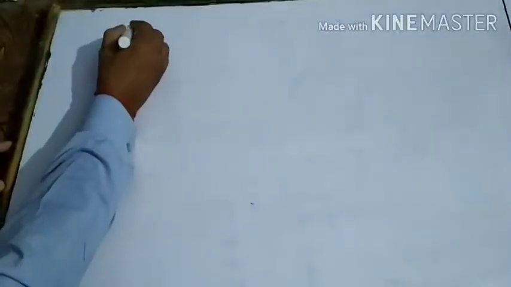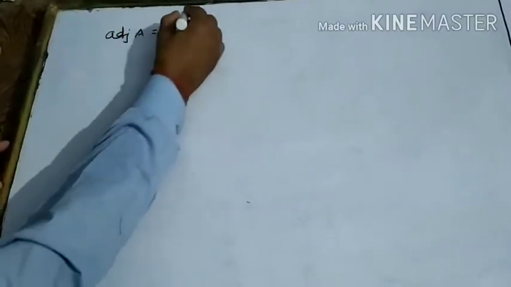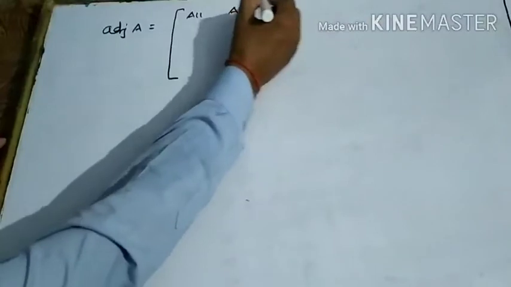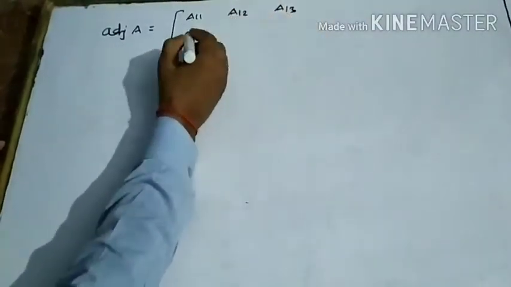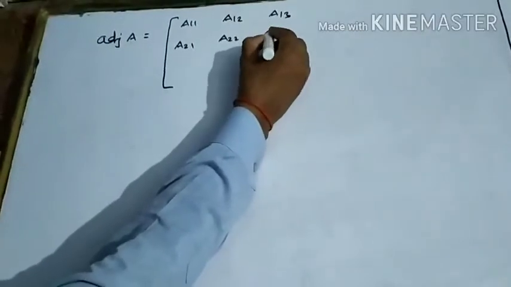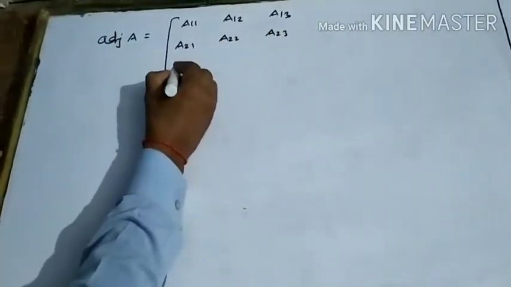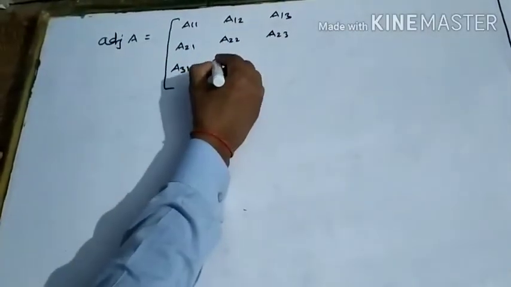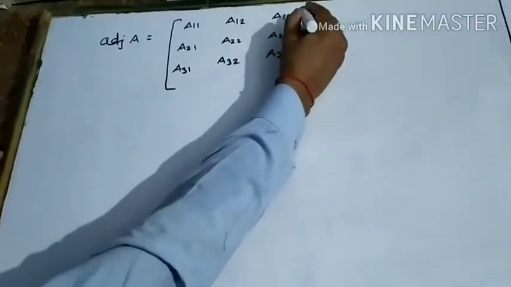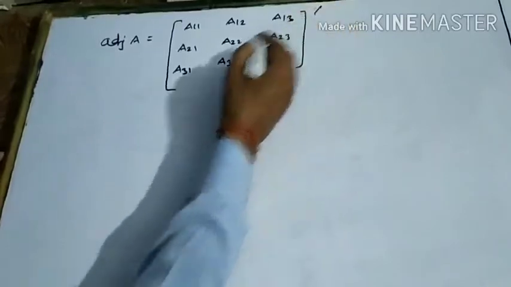So adjoint of matrix A, this is equal to A11, A12, A13, A21, A22, A23, A31, A32, A33, and then after this is the transpose.